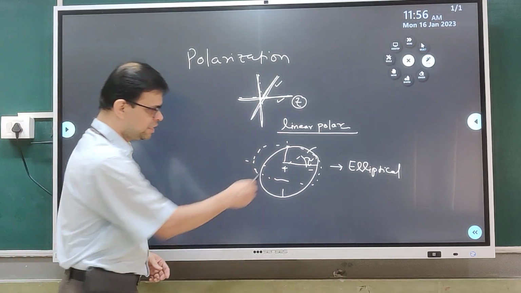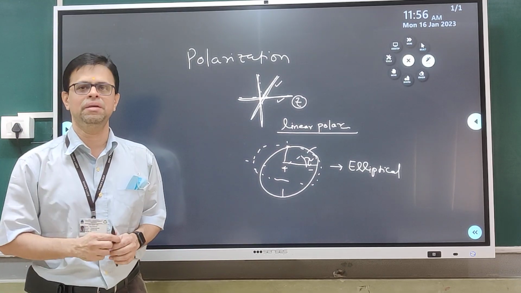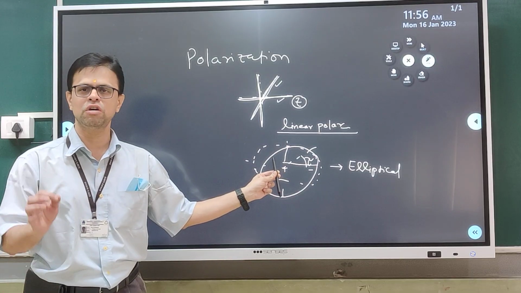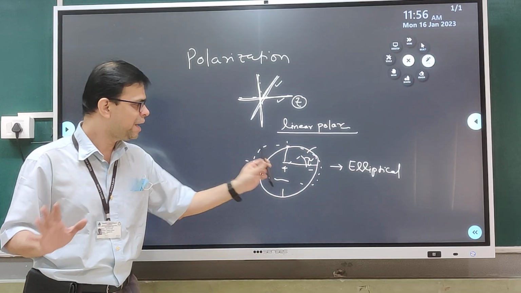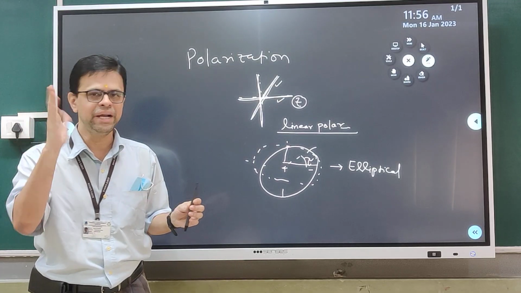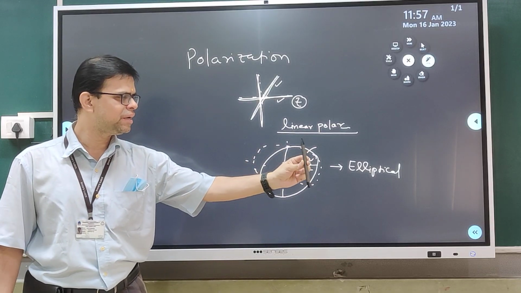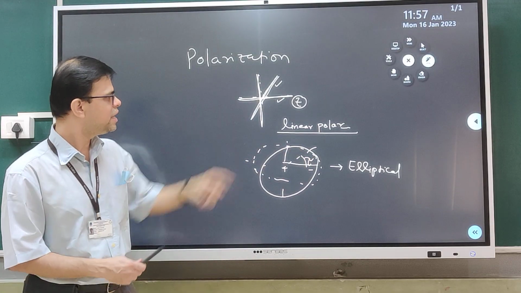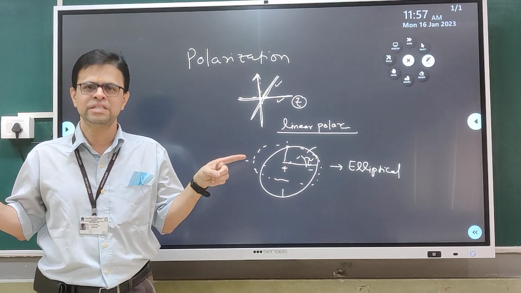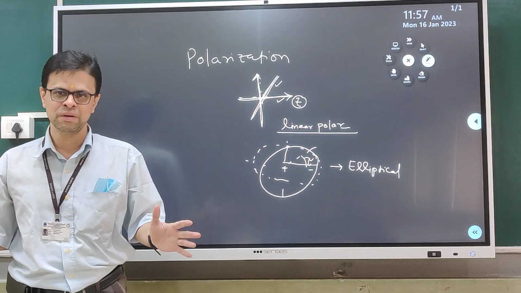Why? Because this tells you the distribution with respect to space at a given time. As the tip of the electric field vector is tracing a locus of an ellipse, it is elliptical polarization. Angle tau can be anything; that depends upon the orthogonal components of the radiated field. Now suppose the incident vector is coming like this. In the earlier case, if the antenna polarization was like this, naturally you will get signal, but if the antenna polarization is like this, there is going to be a signal loss.